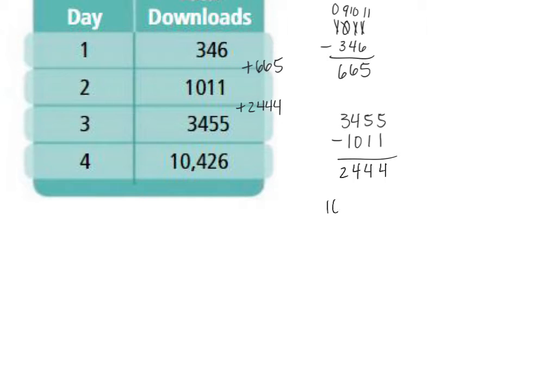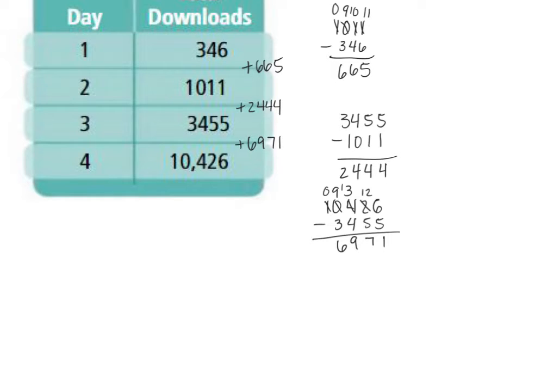And our last one, 10,426 minus 3,455. Borrow 0, 9, 13. So then 13 minus 4 is 9. 9 minus 3 is 6. So then plus 6,971.